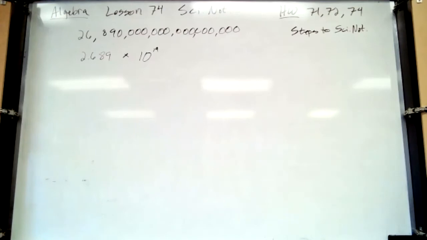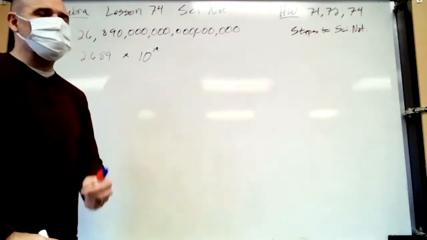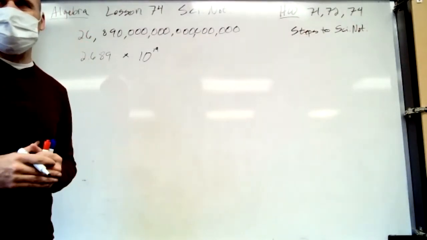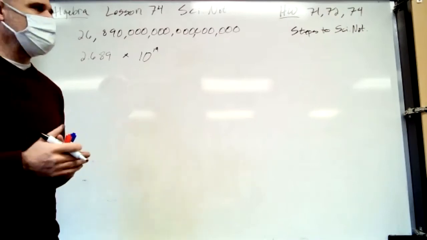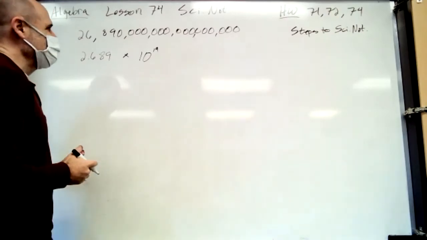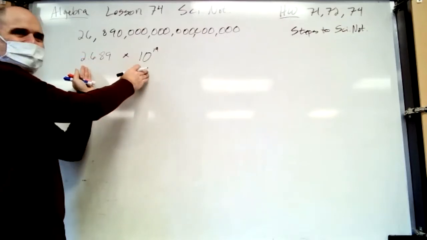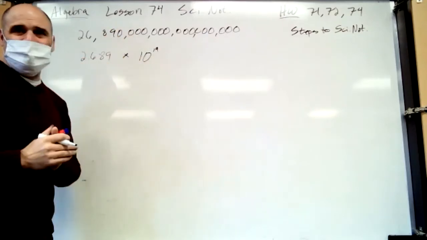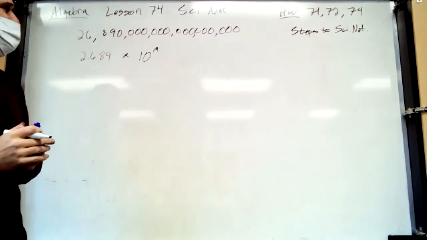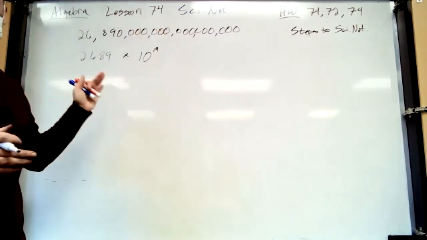Okay, that's it. So it is kind of backwards thinking. We're not moving a decimal at all. We're just saying if the decimal was here, then we'd have to multiply by 10 to the 19th to equal that. So this value doesn't change at all.